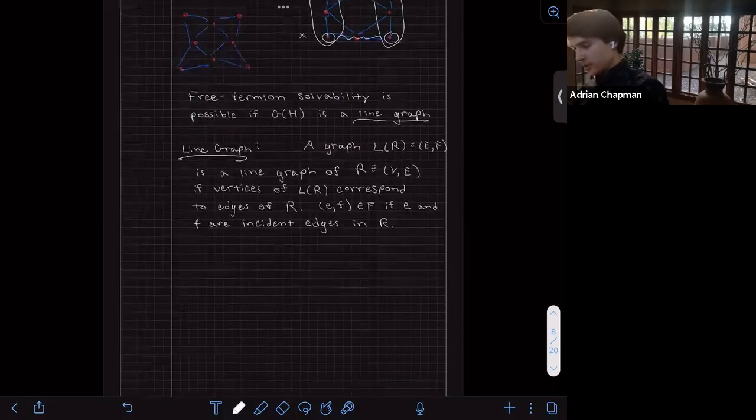Right, so let's look at this solvable model here.